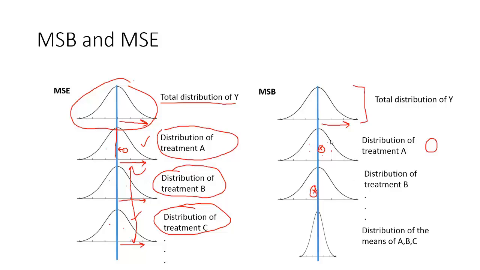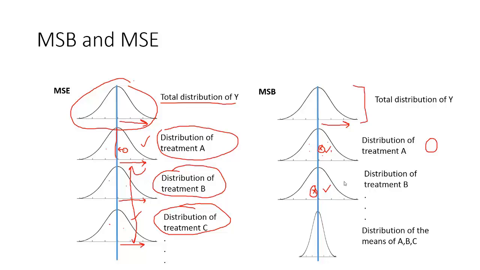Now, as long as the null hypothesis is true, which is that distribution A equals distribution B equals distribution C, then you are going to get some sampling distribution if you take the means of each of these distributions.